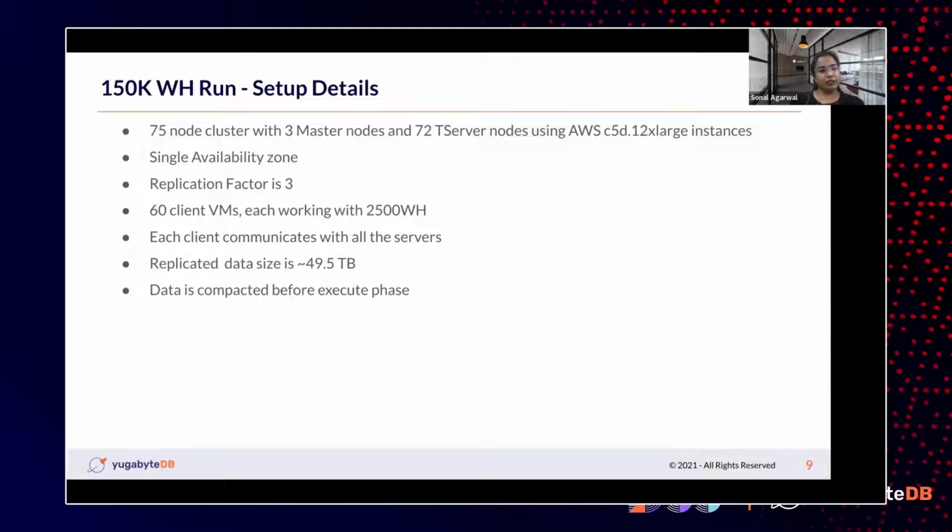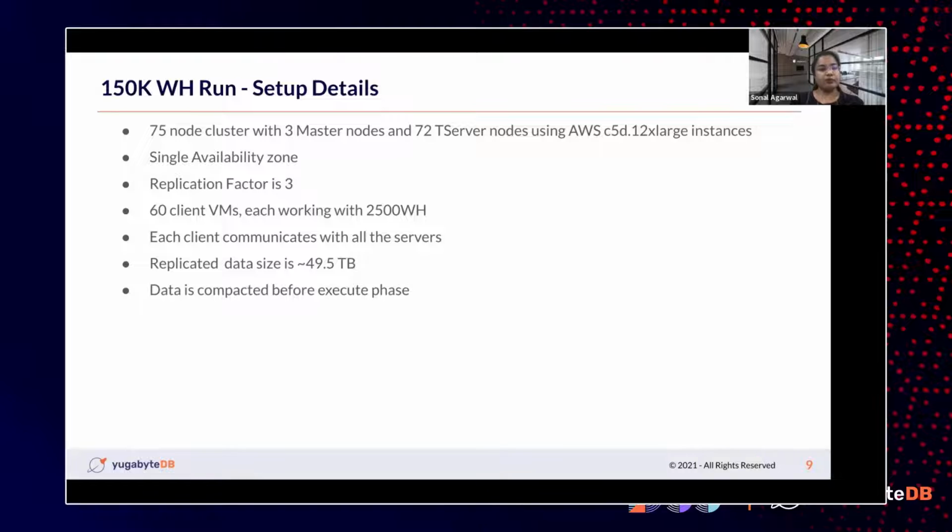And just to add more, YugabyteDB's performance is not based on the type of instance, but it depends on the number of cores of the instance that we have. For example, we did a 100K run on C5D 12xlarge machines, which had 60 nodes, and also on AWS C5D 9xlarge machines, which had 56 nodes.